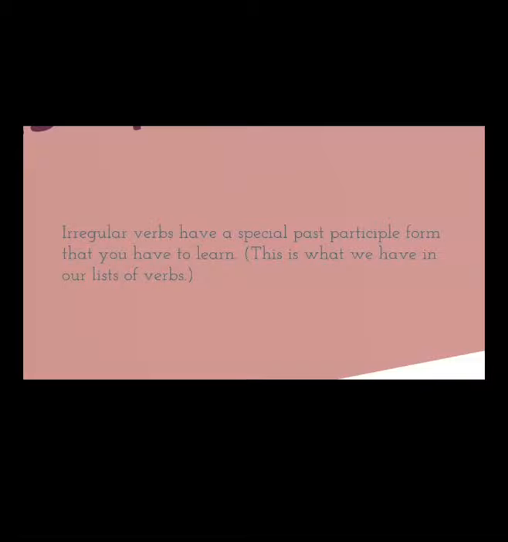Su escritura y su pronunciación. So this is what we have in our list of the verbs. In our books we have a list of some irregular verbs on page 127, en la página 127 en la parte de atrás de sus libros.